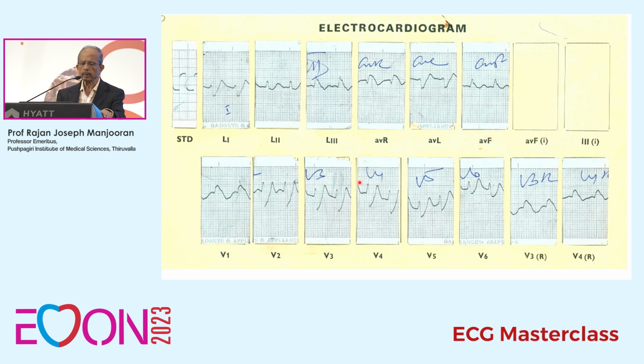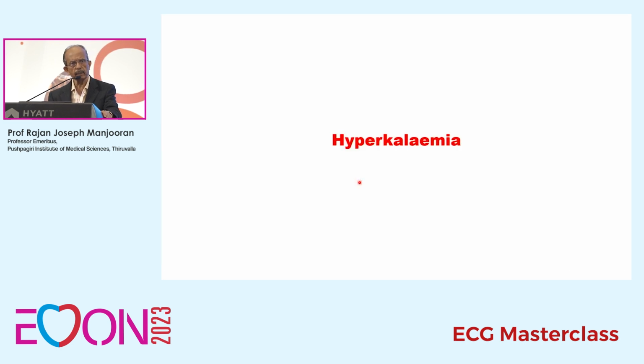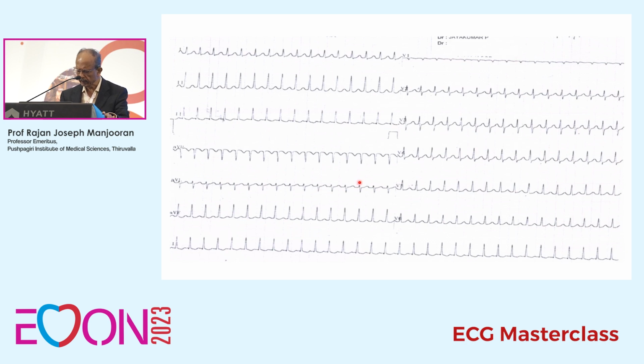And this is a third example where you can see a sine wave pattern, where there is gross QRS distortion and absent ST segment. All these abnormalities point towards hyperkalemia. So whenever you see a grossly abnormal electrocardiogram which does not fit in with any regular electrocardiographic abnormality, always think of the possibility of hyperkalemia.